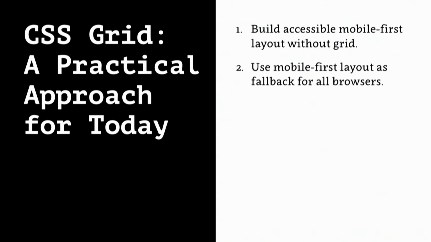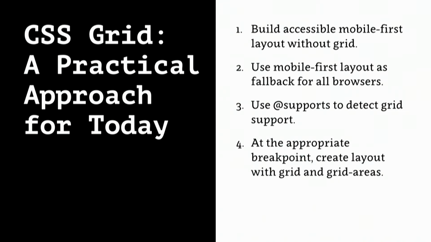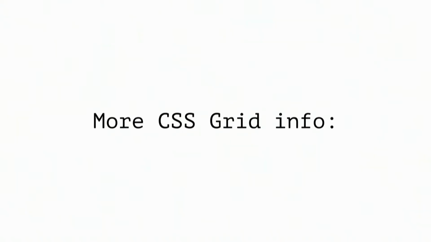Number two, use that mobile-first layout as your fallback. So if older browsers are accessing it, they get the mobile layout. Then use the @supports rule to detect grid support. Find the appropriate grid breakpoints where you want to introduce your grids, and explore new layouts for modern browsers.